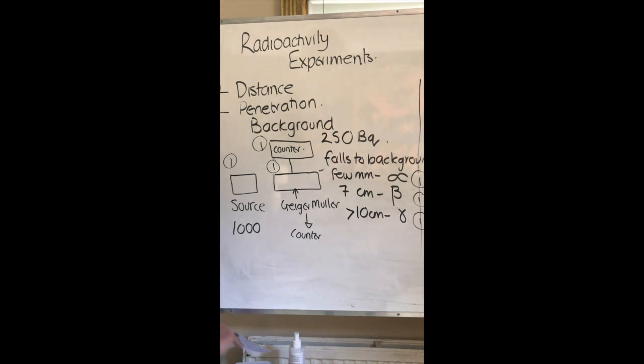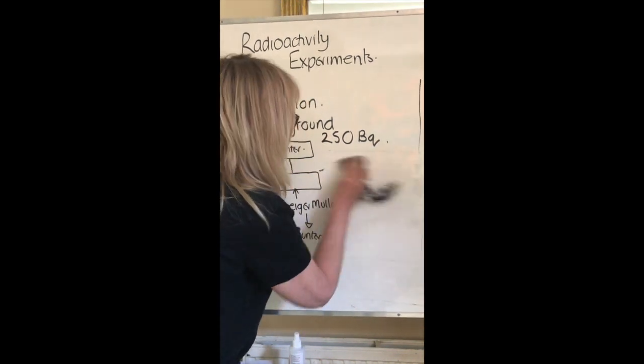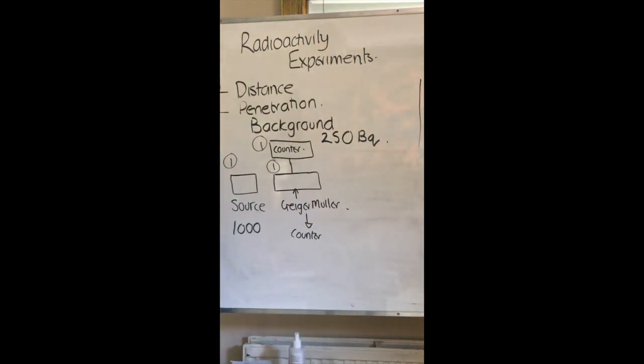Most often it is just asking you to differentiate between alpha and beta. They may ask you to work out how much alpha or how much beta there might be, and what you've got to do there is remember that you've got a background count of radiation.